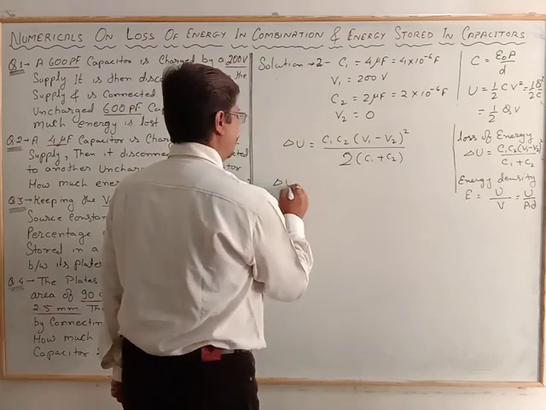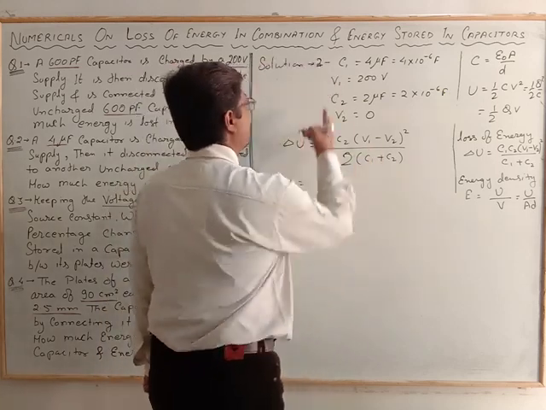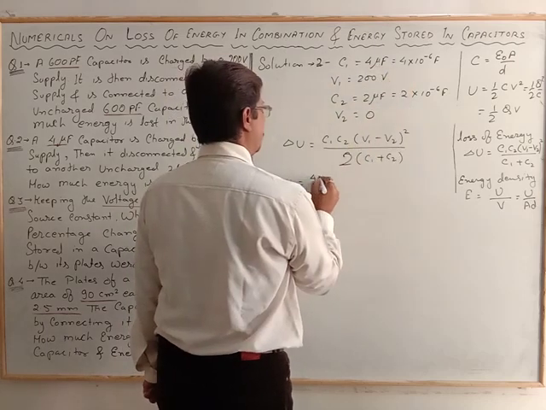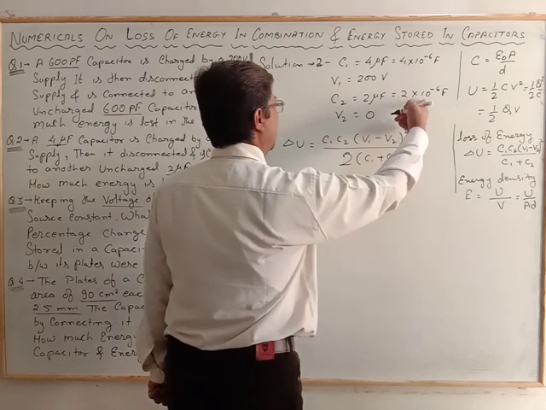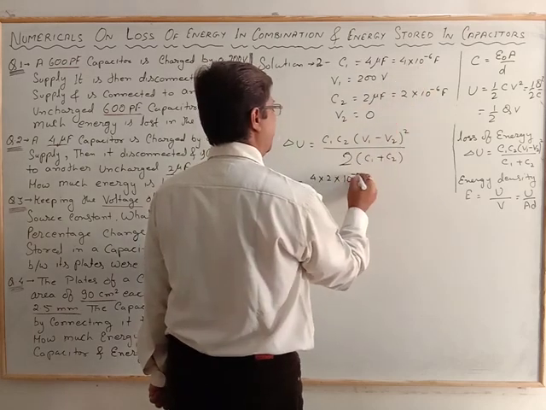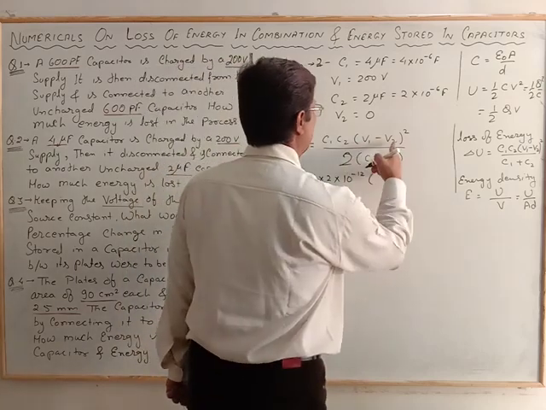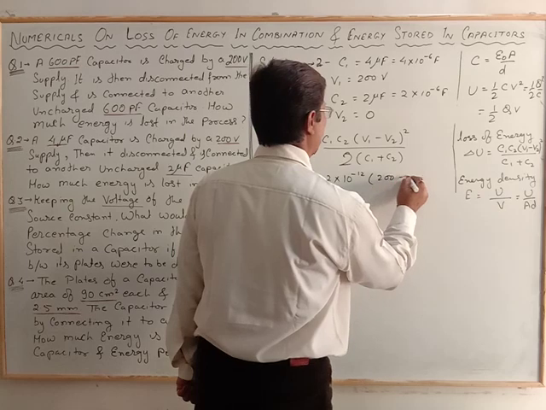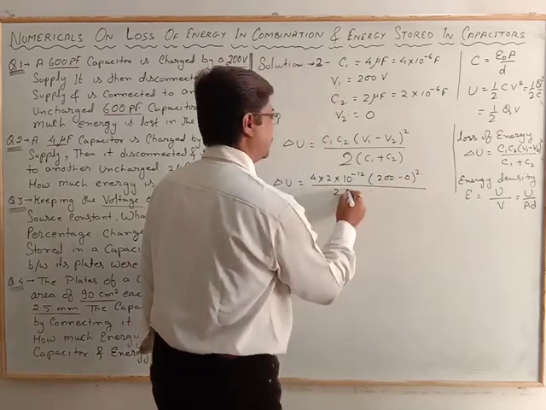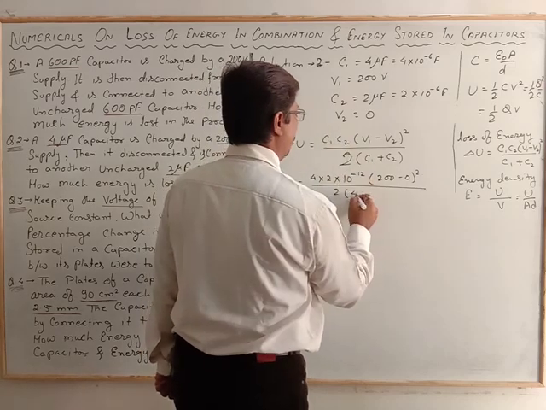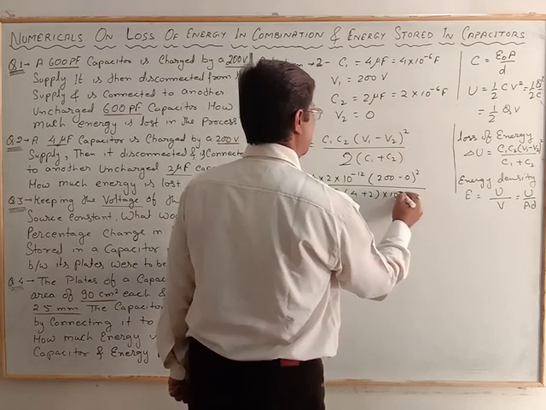So delta U, the loss of energy, is equal to 4 into 2, and that is 2 into 10 to the power minus 6 times 10 to the power minus 6, that becomes 10 to the power minus 12, into the potential of only 200 volt minus 0 whole square, that is 200 whole square, divided by 2 into (4 plus 2) into 10 to the power minus 6, where minus 6 is common.